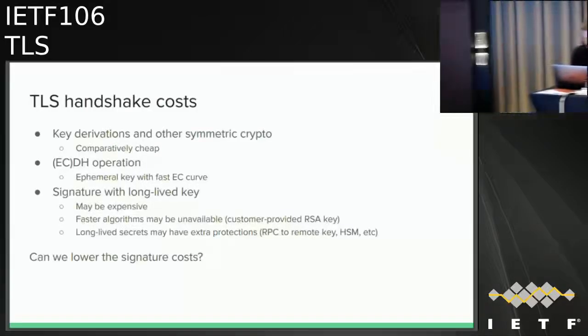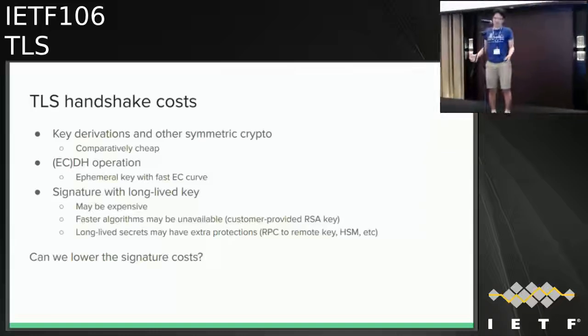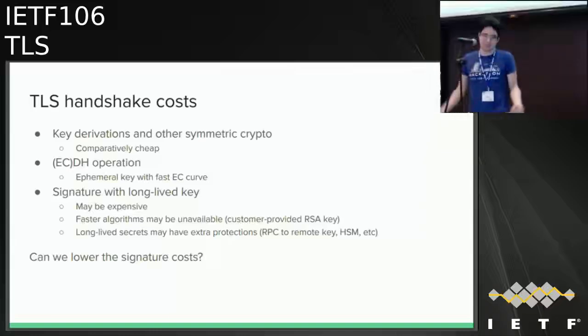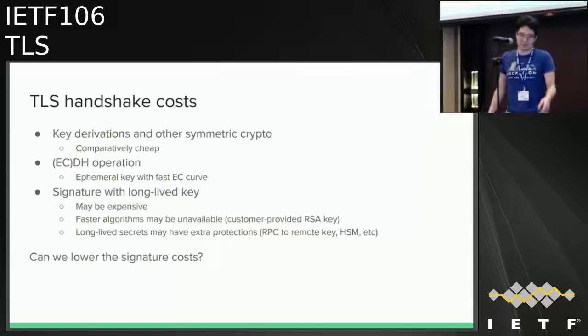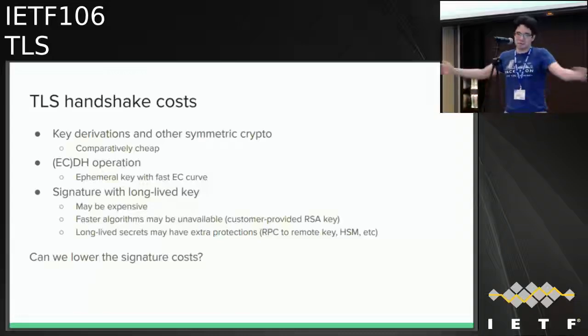Excellent. So if we look at TLS handshake costs, we've got various symmetric operations, which are basically free as far as we're concerned compared to the other stuff. Client and server will each do an ECDH operation, which is much slower than the symmetric stuff, but we can negotiate a fast EC curve, and that's pretty independent of other things. And then you've got a signature with a long-lived key, which can get kind of expensive in some scenarios.